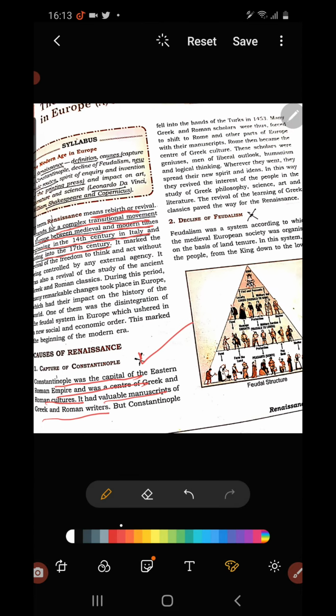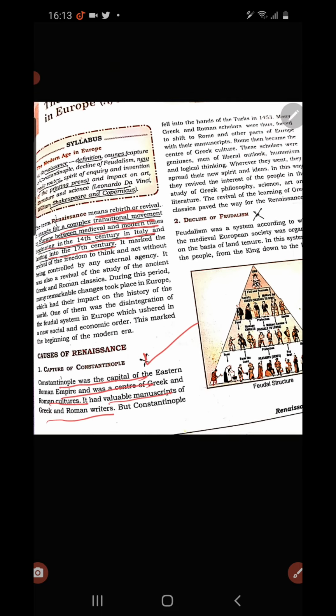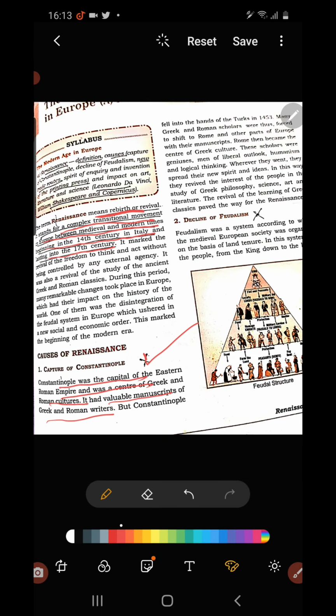You see that due to the capture of Constantinople, two things happened. One thing is that when Constantinople was captured, these Arabs were ignorant about education and the value of learning. So they destroyed all the learning centers of Constantinople. There were so many scholars.